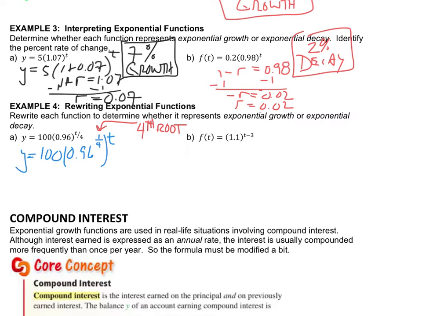Okay, so if I use the calculator and I run it through, this is going to become 0.99 raised to the t. Now, because it's less than 1, we know that this is a decay. And it doesn't ask this, but we know it's decaying by 1%.